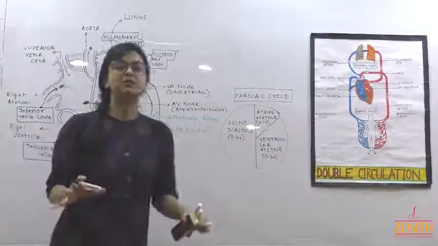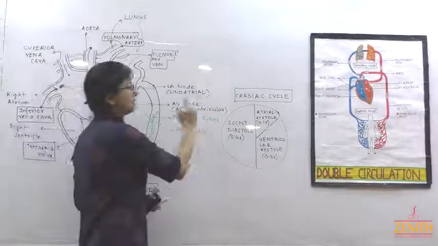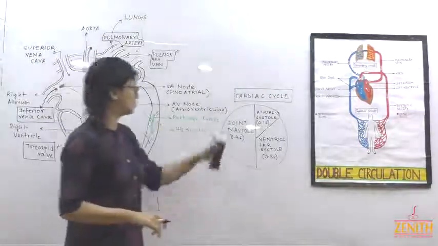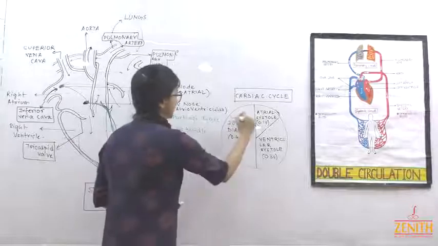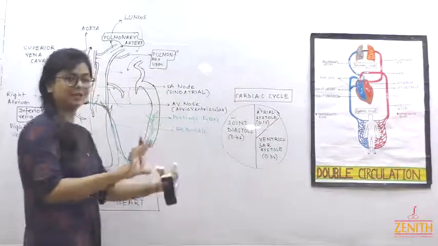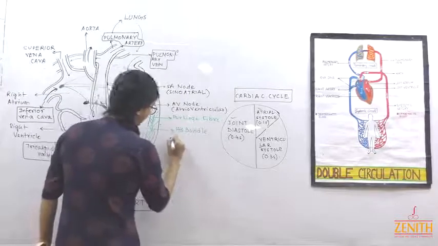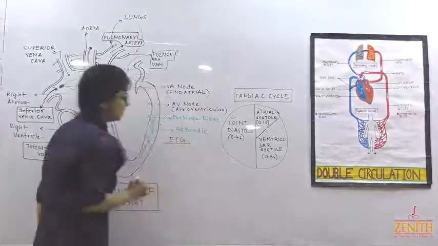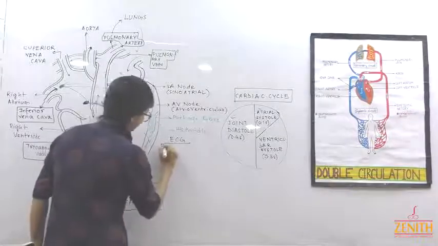So the complete sequence of events occurring in a single cycle of the double circulation is called the cardiac cycle, which has these 3 phases. We can also do a little thing here, that is the ECG, electrocardiogram.